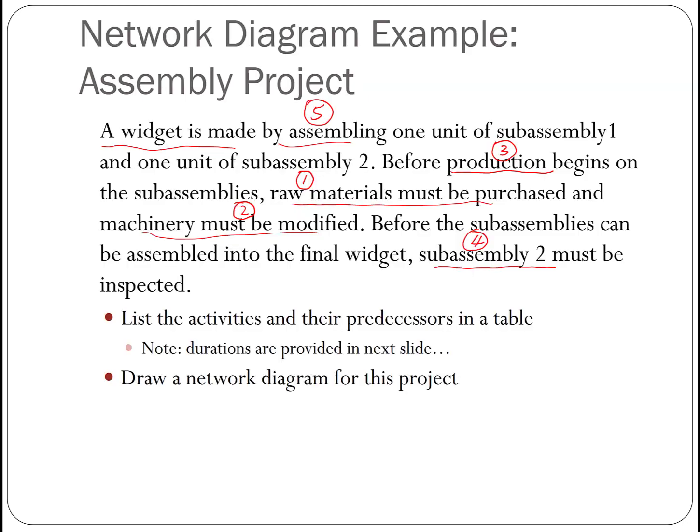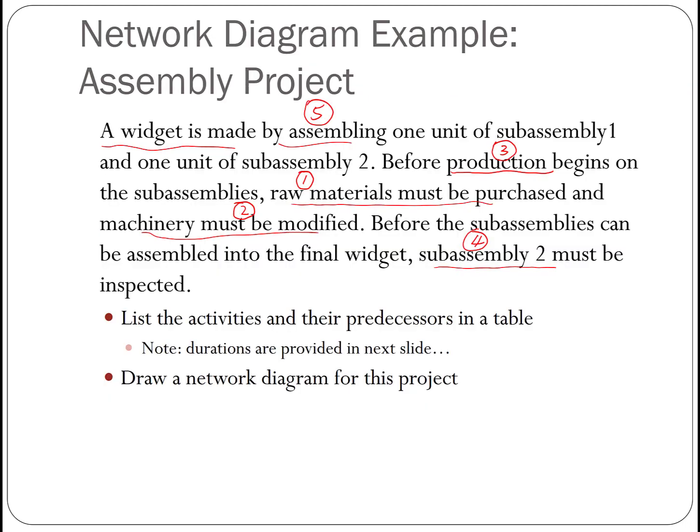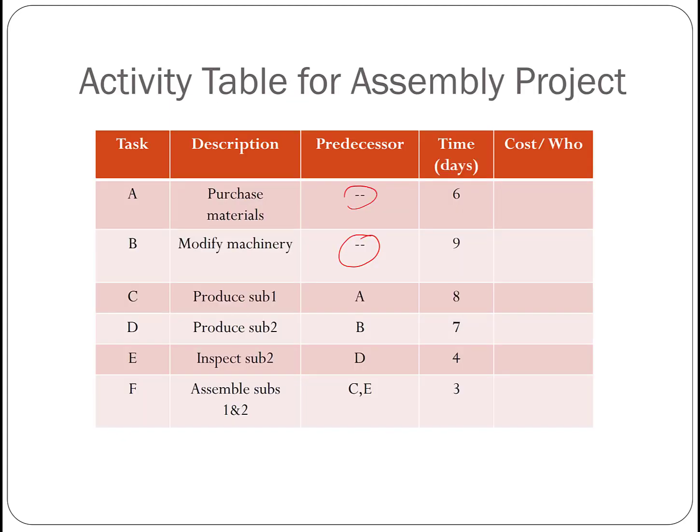That's what we said, that these two activities can start in parallel. And then we will need to produce subassembly 1 and produce subassembly 2. So even though here I put only a 3, that is actually two activities, subassembly 1 and subassembly 2. So these two need to be done, and before the assembly work can start, subassembly 2 also needs to be inspected.